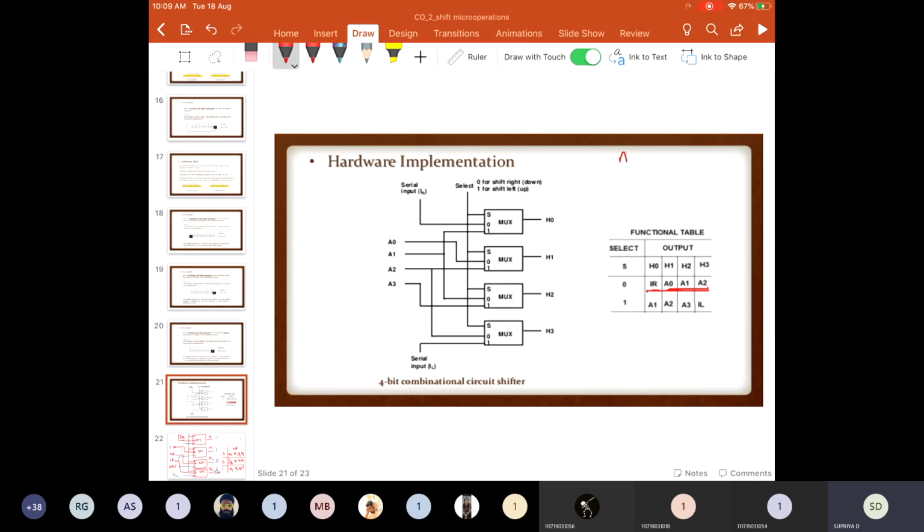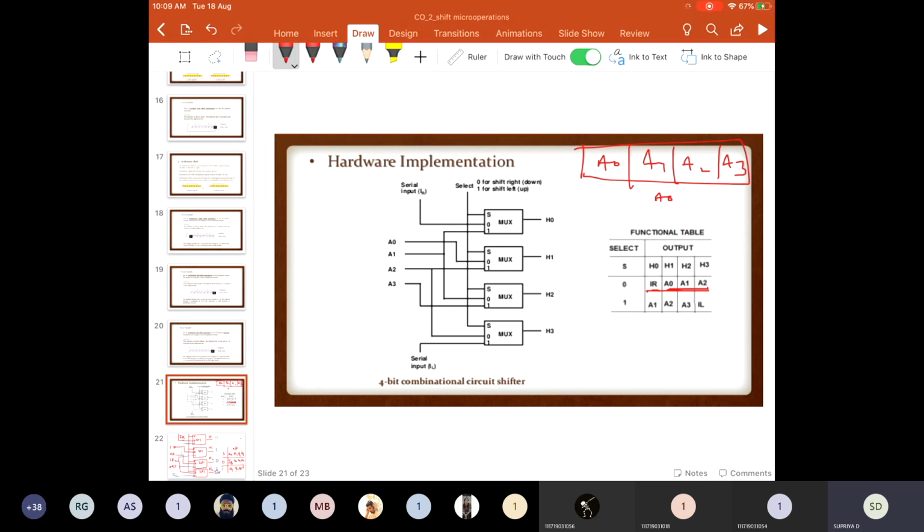For example, you have A0, A1, A2, A3 in your register. You have 4 bits of information like this. So if you perform shift right operation, what data you will get?